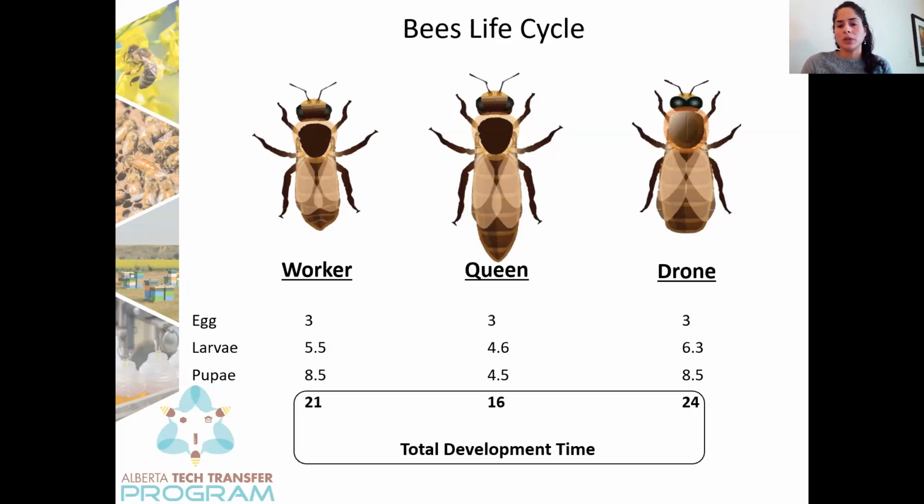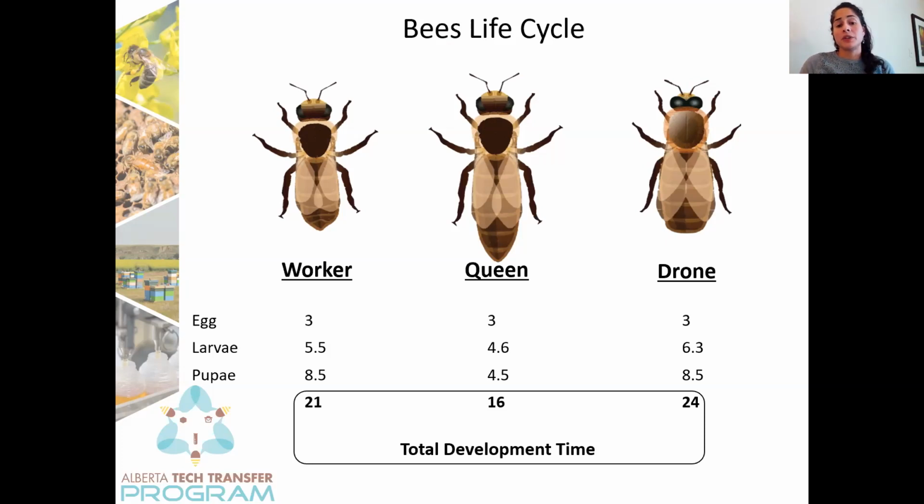The drone is the one that takes longer to develop and emerge as an adult. It takes about 24 days. It can take a little bit less, a little bit more, and it also depends on the genetics of that bee. The queen is about 16 days and the worker 21.